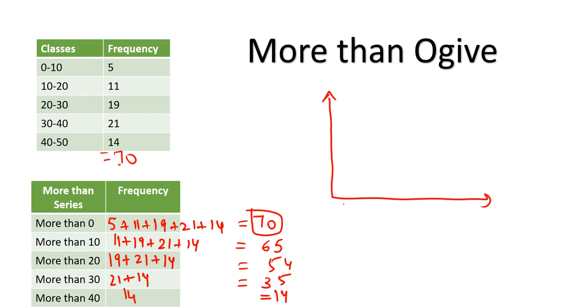Similar to less than ogive, we'll simply plot 0, 10, 20, 30, 40 and 50, and mark frequencies at intervals of 10: 10, 20, 30, 40, 50, 60, 70.